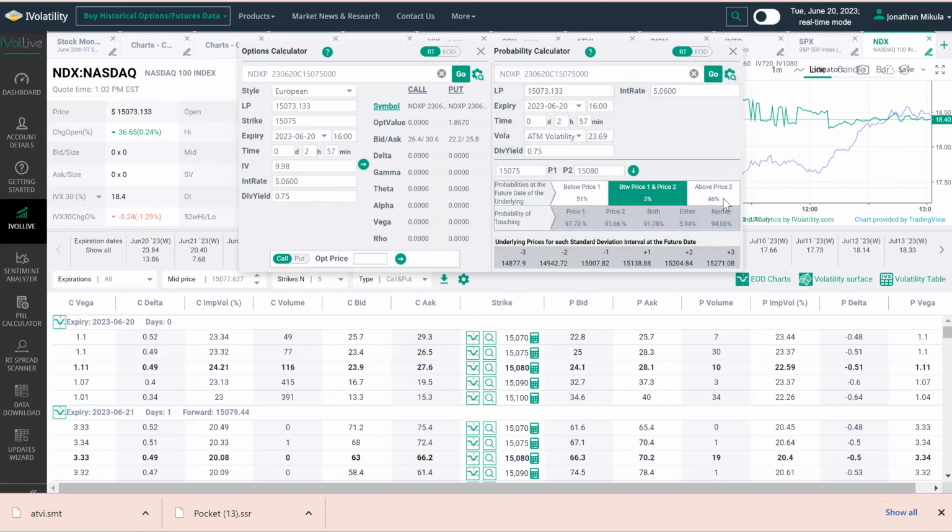And this will give you the probability. There's a 51% chance it'll be below 15,075, and a 46% chance it'll be above 15,080. So that's 50-50 odds, not great.